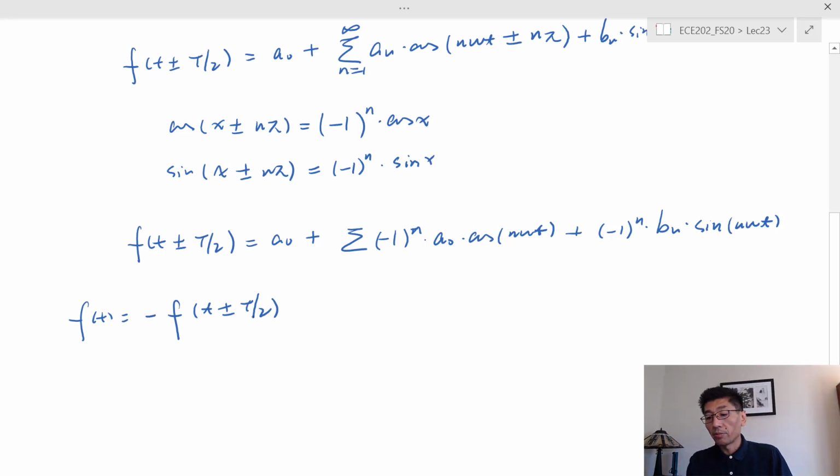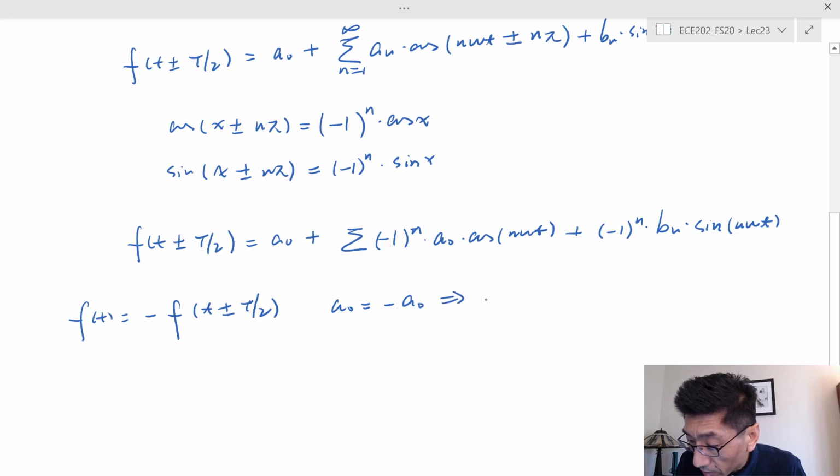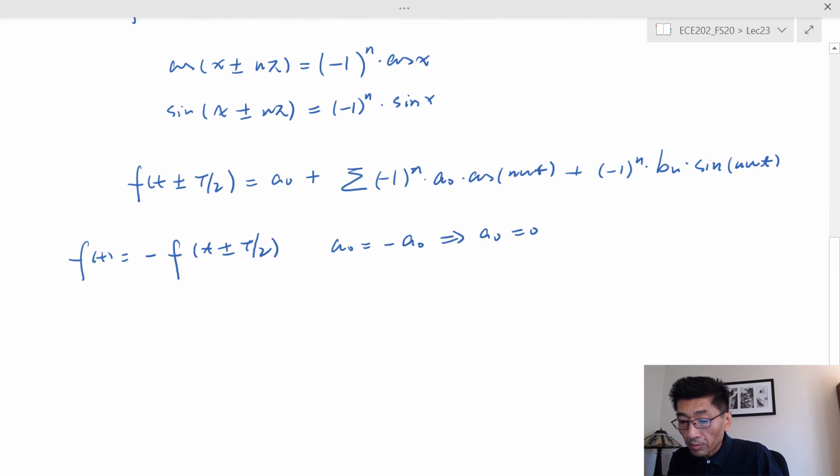If we compare the Fourier coefficients first, a0 is going to be equal to negative a0. So that will give us a0 should be equal to 0, right? And what about the other terms?